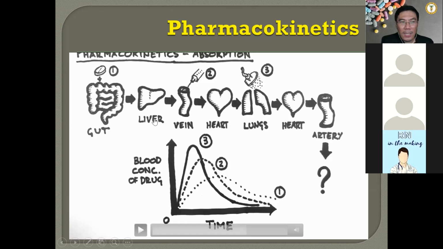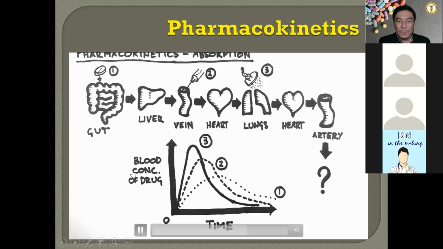If the drug is eventually on a higher concentration or dose, the greater the chances that it will lead to its toxic effect immediately because it will not pass through the first pass effect of the liver. So that's the main point, that most of the oral drugs are nephrotoxic and hepatotoxic because it passes through the first pass effect and the liver has a major function with it.